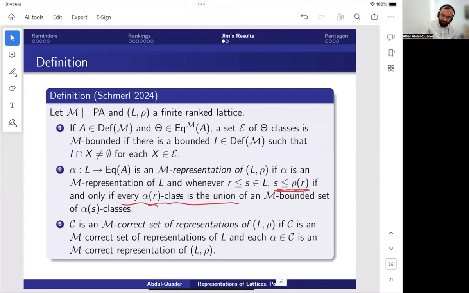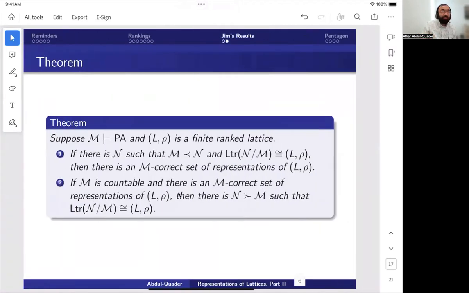And then an M correct set of representations of a ranked lattice is an M correct set of representations of rank, right? Exactly the sort of generalization of what we had before. And so the theorem is essentially the theorem from before. Again, I missed the word non-standard here; I think it should be there. If you have a model M and an extension N where the ranked lattice is isomorphic to L with this ranking rho, then you can get this M correct set of representations.